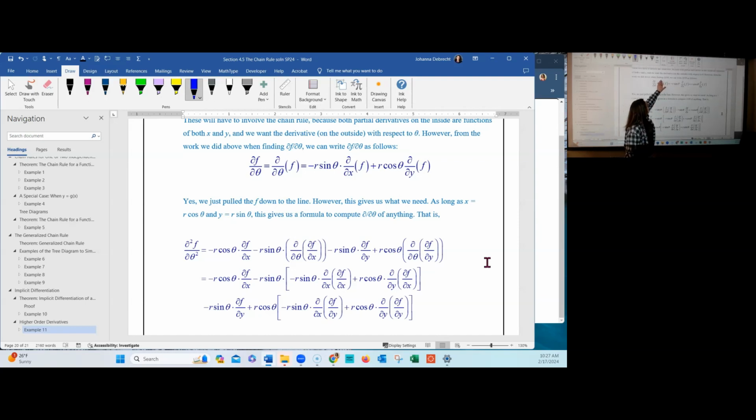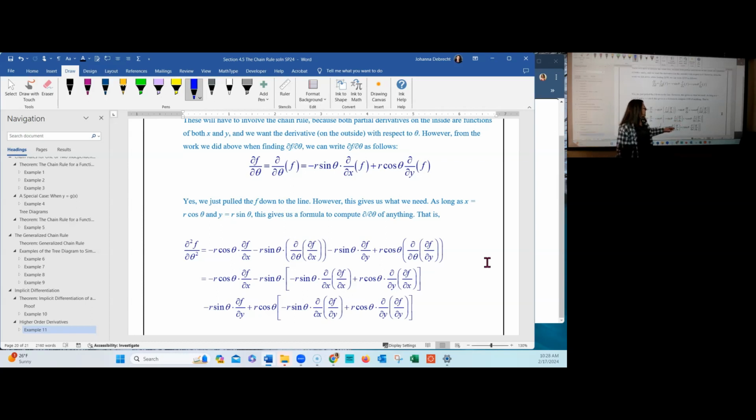We can apply this rule for the partial derivative with respect to theta to any function by applying it to the functions that we have down here. So we have the partial derivative with respect to theta of the partial of f with respect to x. But this gives us negative r sine theta multiplied by the partial of f with respect to x twice.